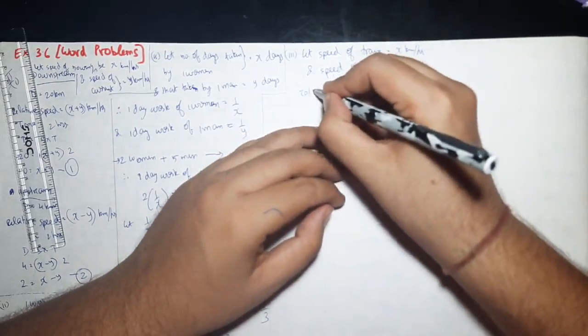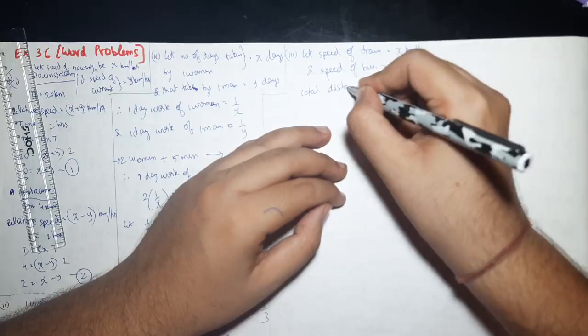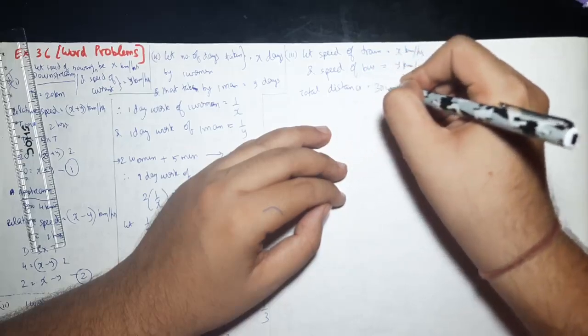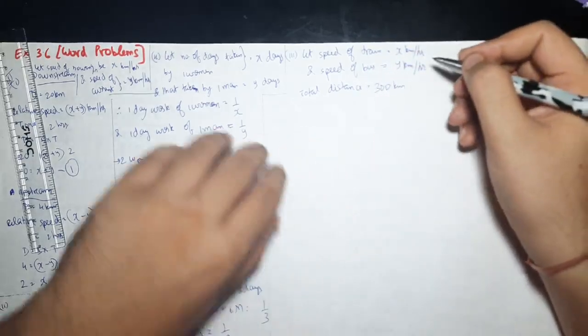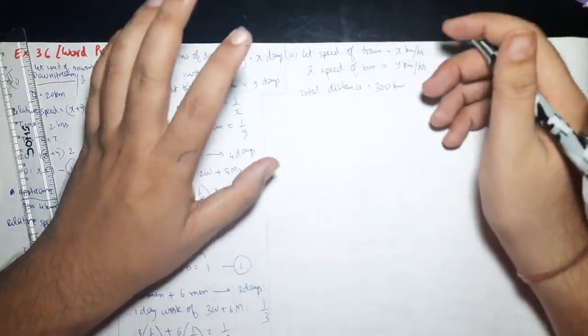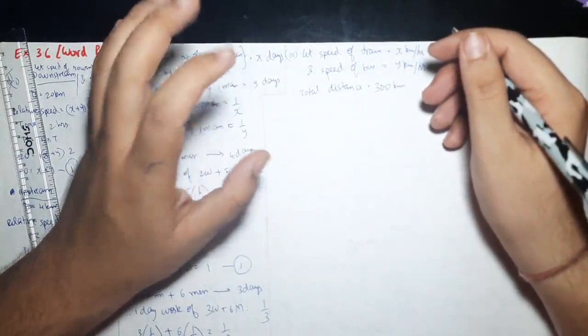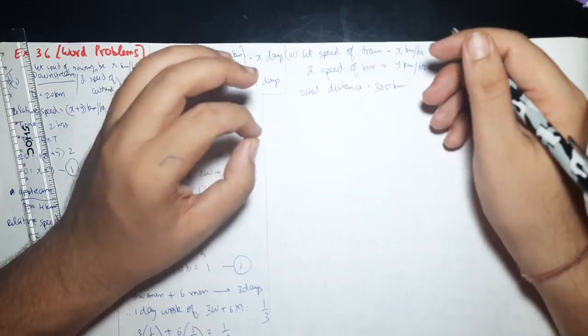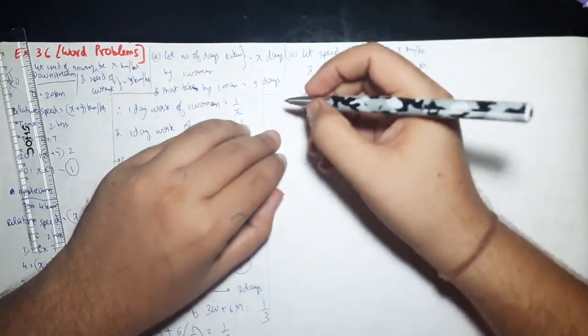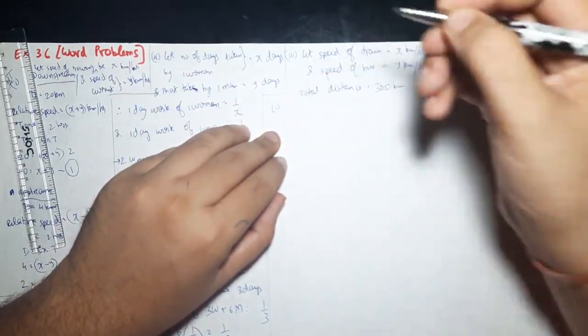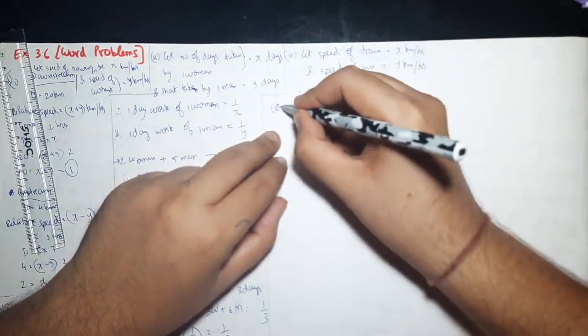Taking this as variable, now let us move. Total distance is 300 kilometers. Always remember the formula we use here: distance equals speed multiplied by time. Now the first case, case number 1.